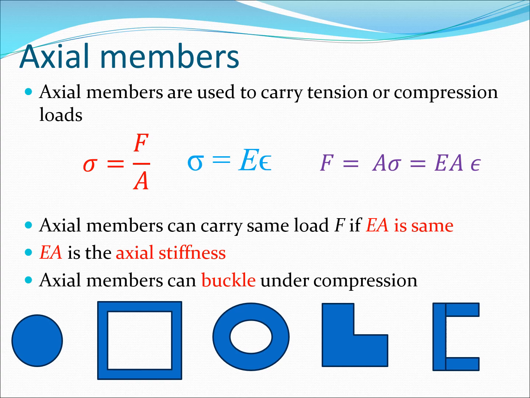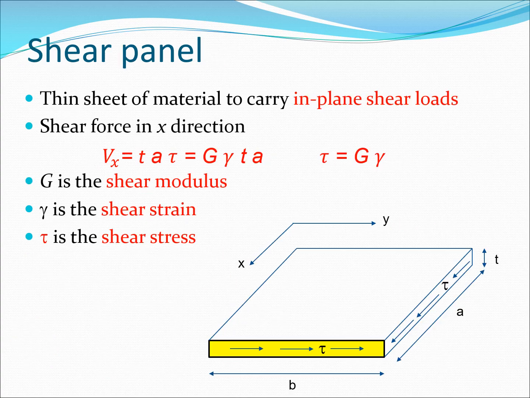So that's very important. Now let's look at the shear panel, and shear panel is a thin sheet of material which can carry in-plane shear load. So here I have shown a typical thin sheet of material. So you can see the dimensions are A and B, and the thickness is T here. The X and Y axis are shown here.